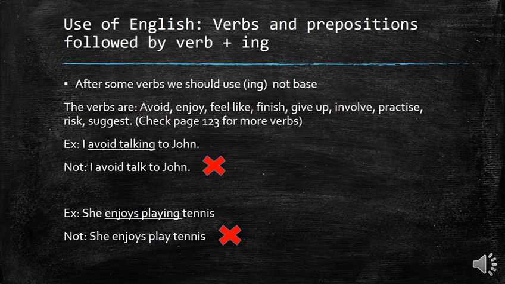It would be a mistake to say, she enjoys play tennis. Play is a verb, it needs ing because it comes after enjoy, which is again one of the verbs that we mentioned. The process of memorizing here is important. I know that you can just have a look at them, but if you memorize them, you will never make this mistake.